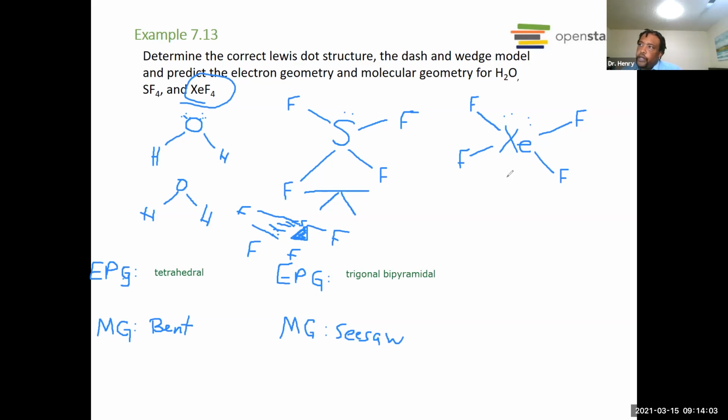So the structure is going to be what? What is the EPG? Octahedral. And then the MPG.